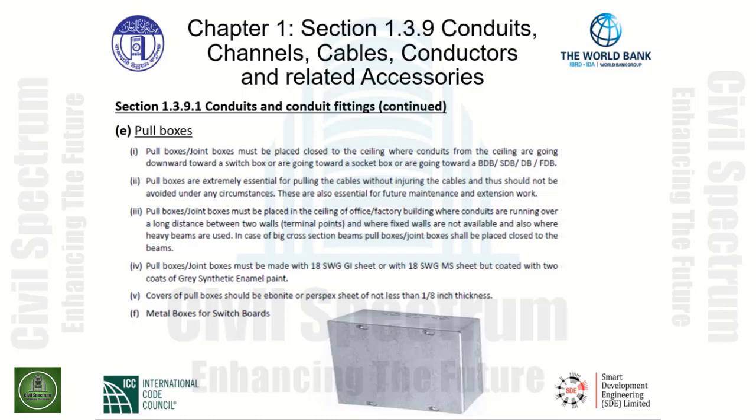Item number 3, pull boxes, joint boxes must be placed in the ceiling of office, factory building where conduits are running over a long distance between two walls or terminal points, and where fixed walls are not available, and also where heavy beams are used.